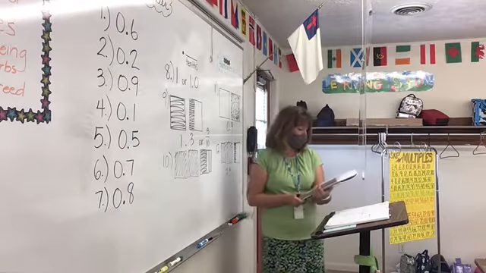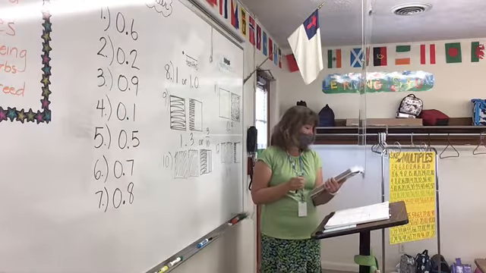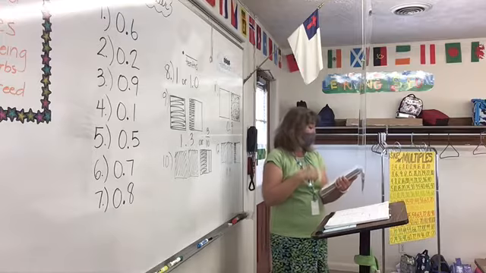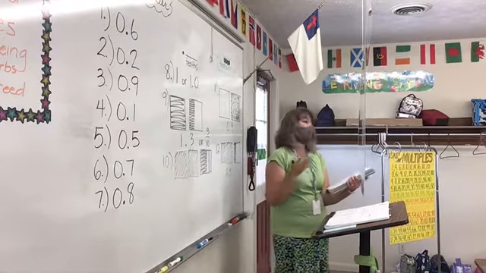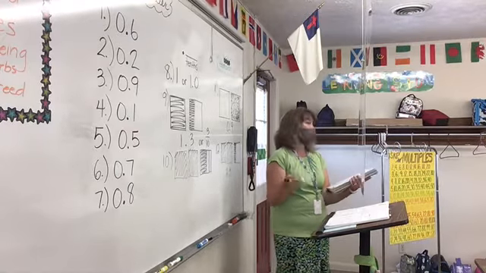Okay. Now, for numbers 13 through 16, we are gonna write the number in standard form. So standard form, remember, is just written like a regular number, except in this case, we're gonna have a decimal point in our number.